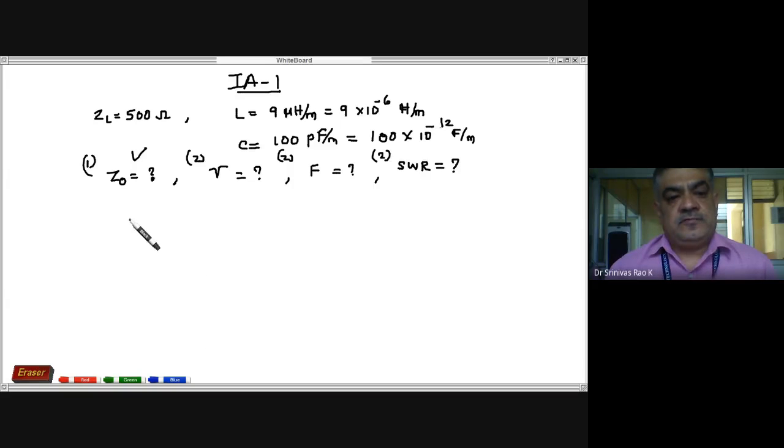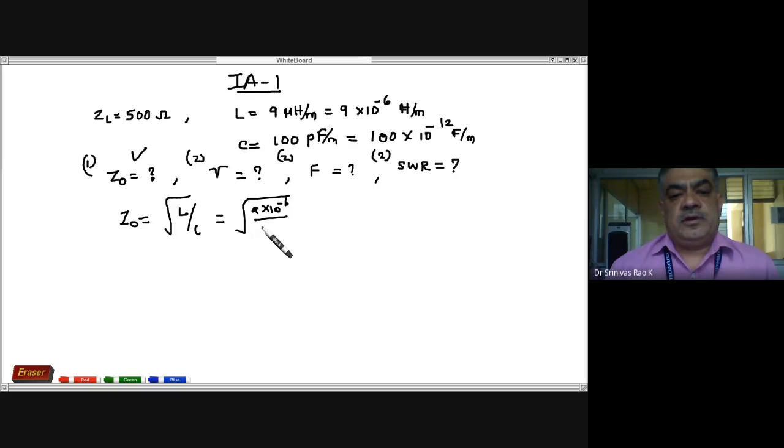Anyway, for ZL, we have to calculate Z naught. Z naught is given by the formula square root of L by C. Now here, L is 9 into 10 to the power of minus 6, and C is 100 into 10 to the power of minus 12. Simple calculation.